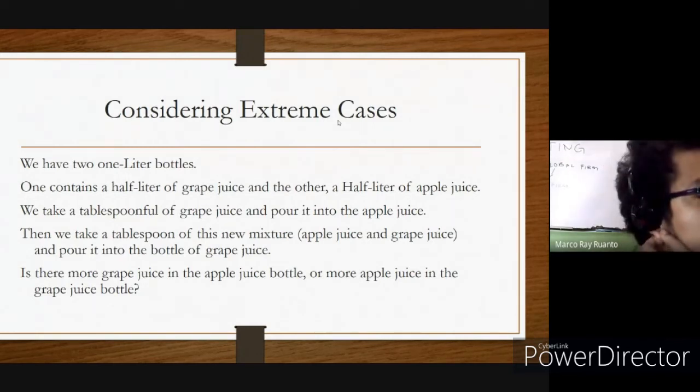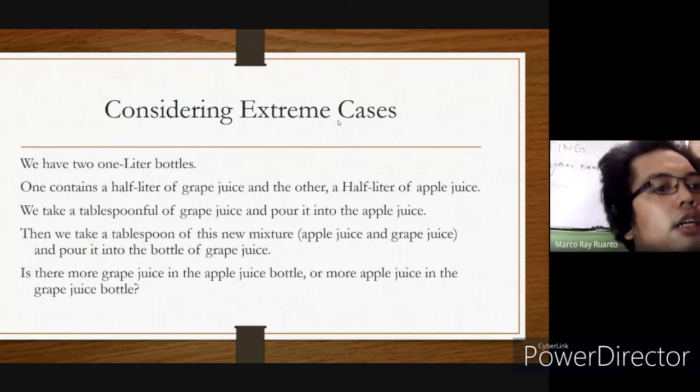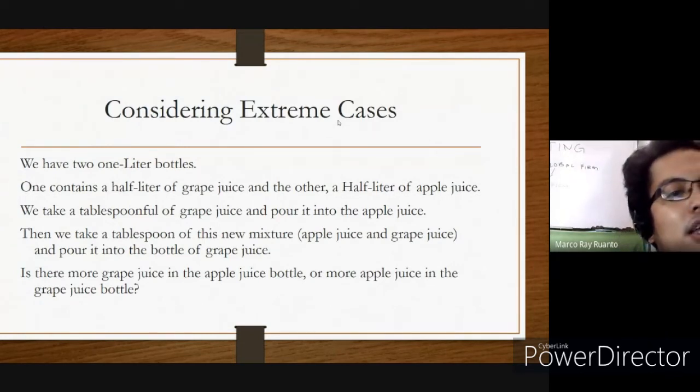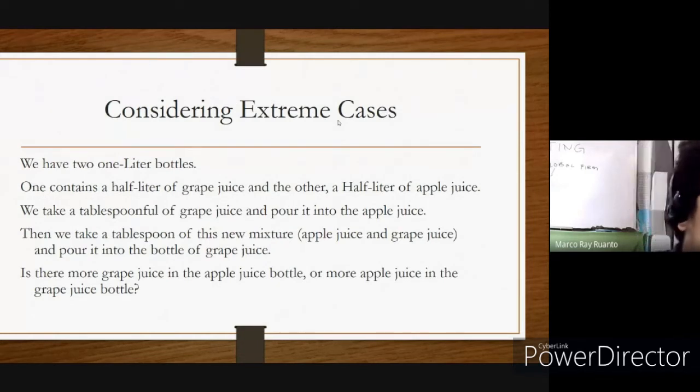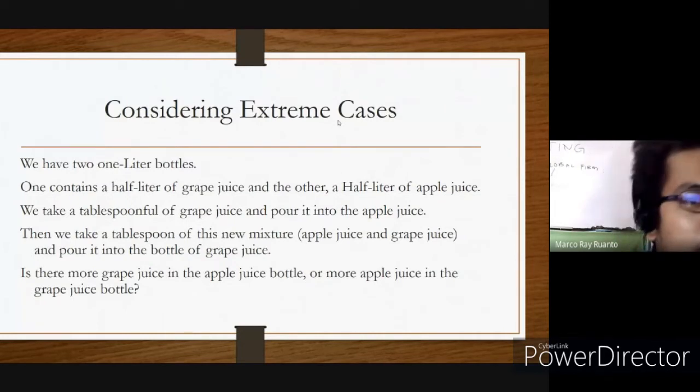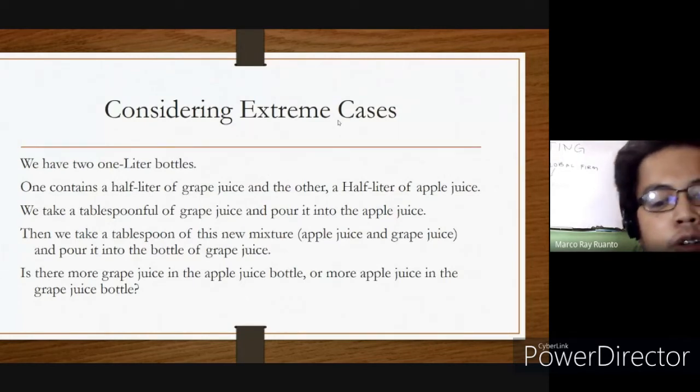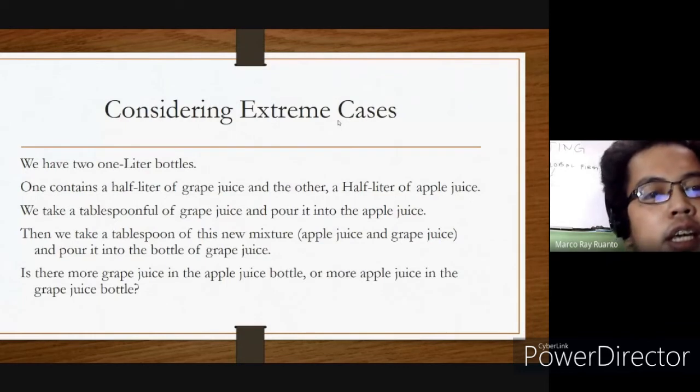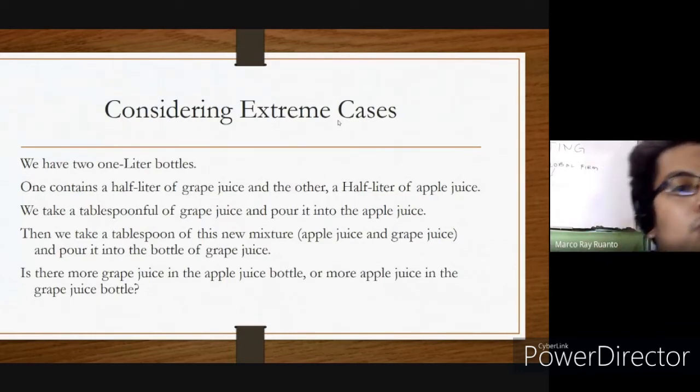Why don't we consider the largest possible container that we can have? Instead of transferring one tablespoon of juice to the other, then to the other, and so on, why don't we pour all of this into one whole container.